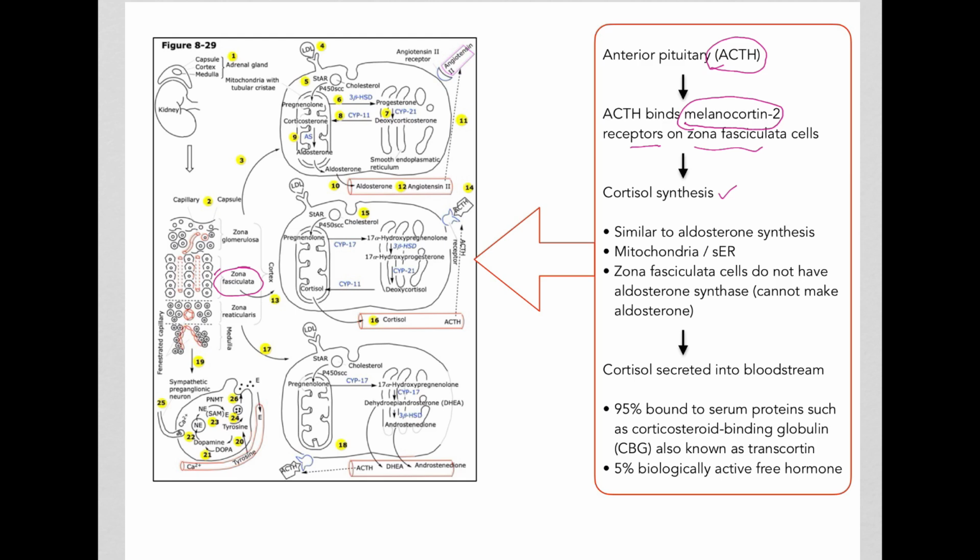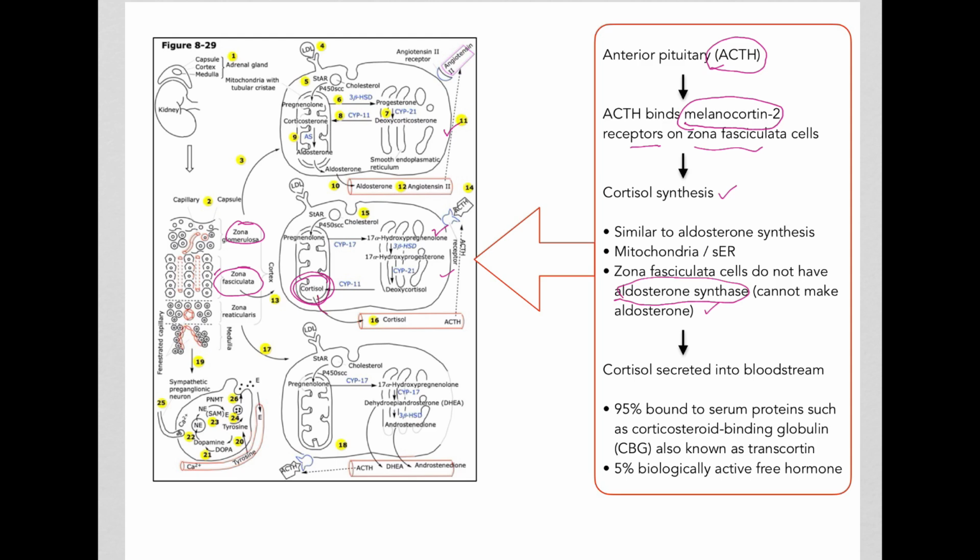Now, synthesis of cortisol is very similar to synthesis of the hormone aldosterone, which happens in the zona glomerulosa cells, except that these fasciculata cells do not have the enzyme aldosterone synthase, and so instead of making aldosterone, they make cortisol.